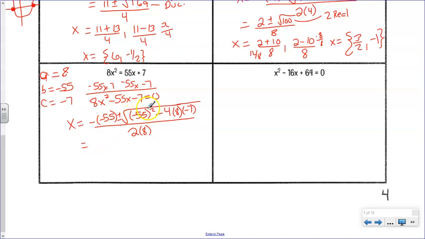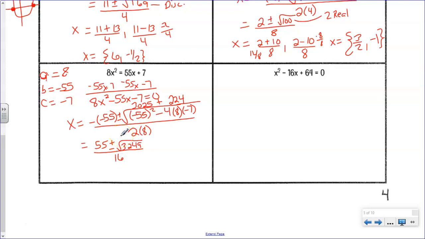All right, negative 55 squared, and I use the calculator for this, is 3,025. Negative and a negative is positive. 56 times 4 is 224. When I add those two together, I get 55 plus or minus the square root of 3,249 over 16.